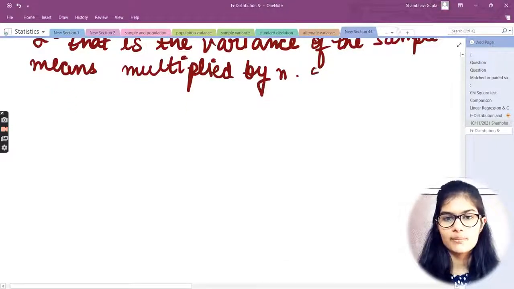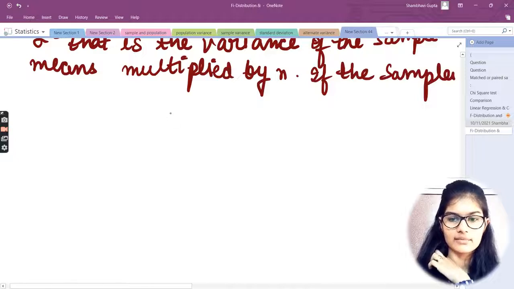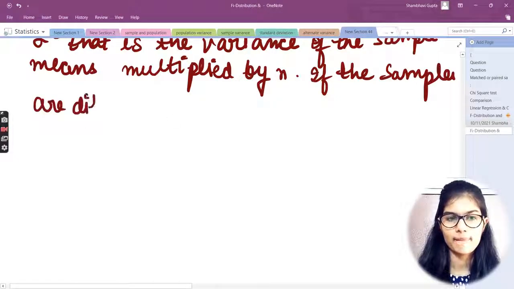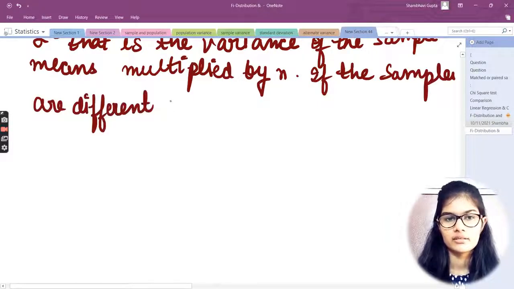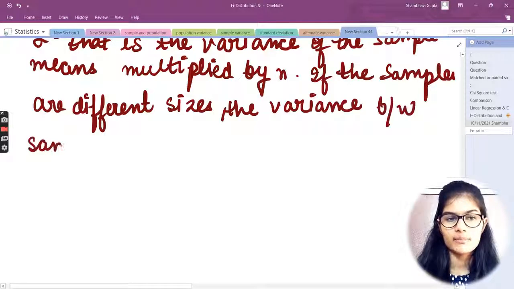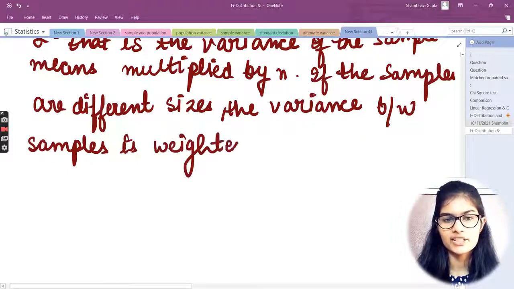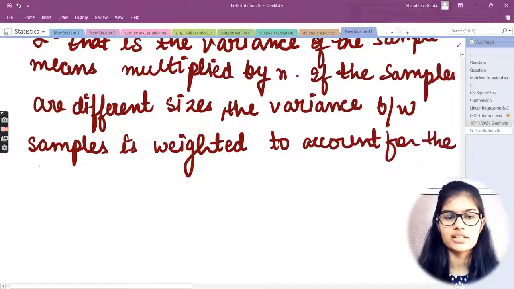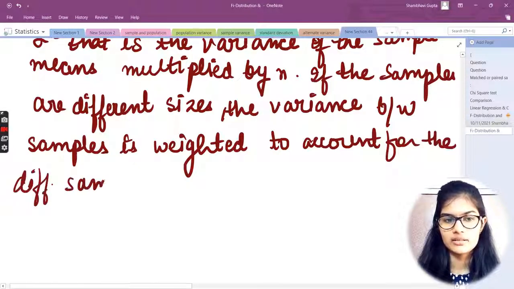Next, if the samples are different sizes, then the variance between samples is weighted to account for the different sample sizes.